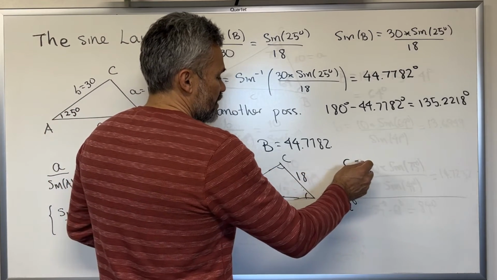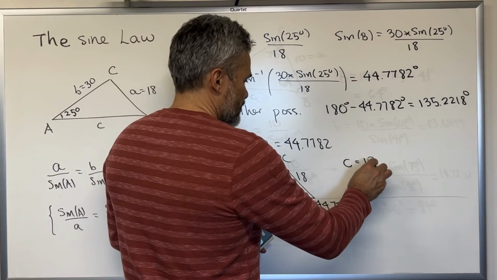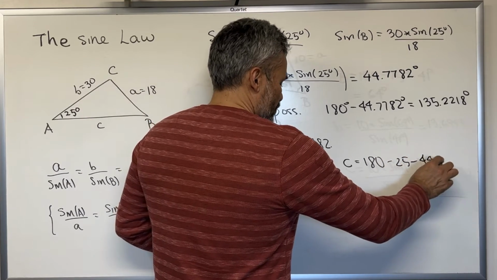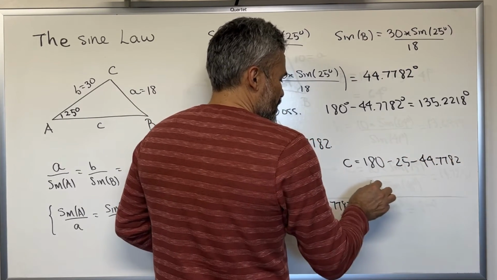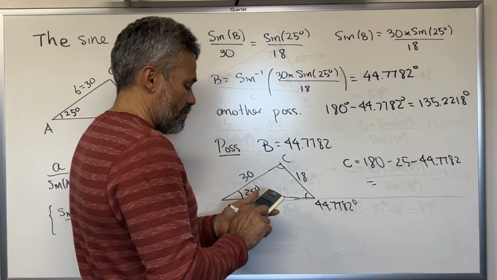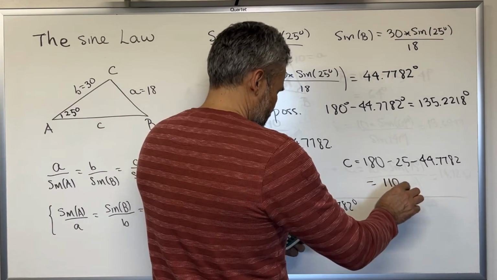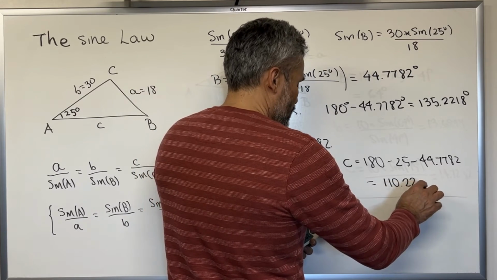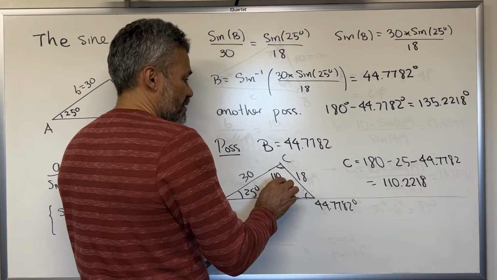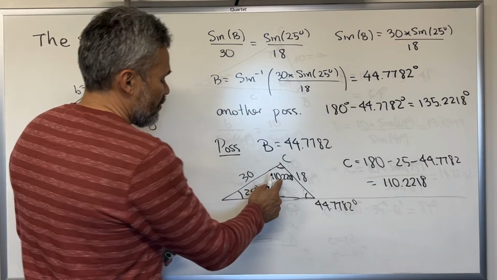The third angle C is 180 minus 25 minus 44.7782, and this is 110.2218. Then we have this angle, 110.2218.